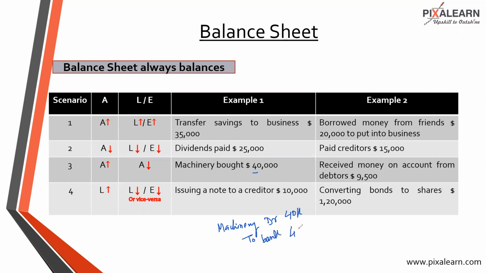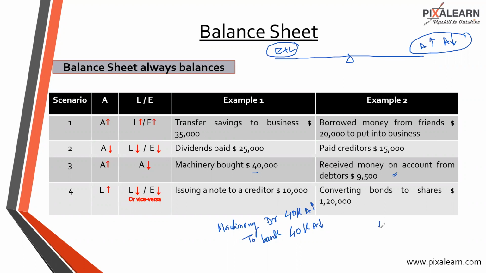In other words, my bank reduces. So what's happening? One asset goes up, another asset comes down. Again, the weighing scale remains the same, equity and the liability section I'm not changing. One asset goes up, another asset comes down. The balance sheet tallies.